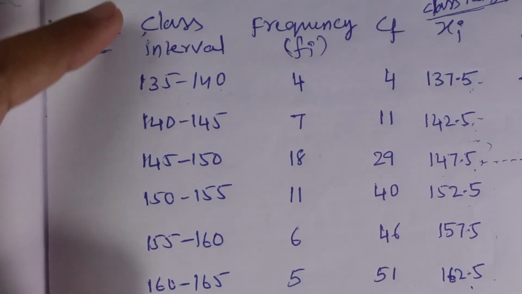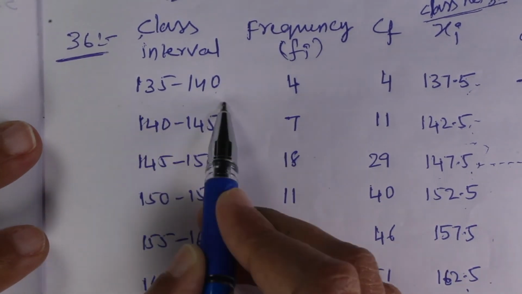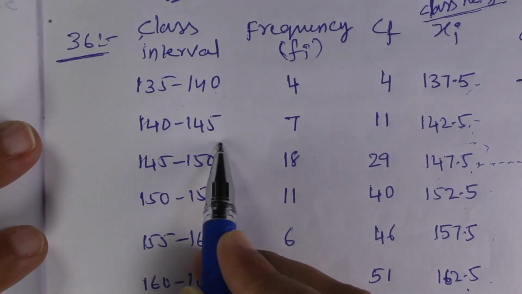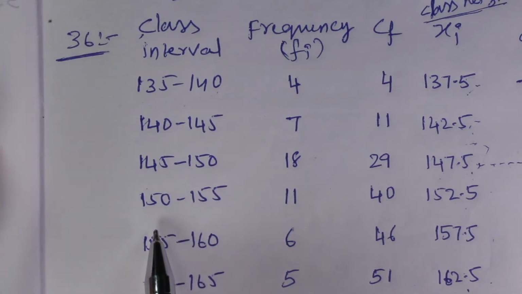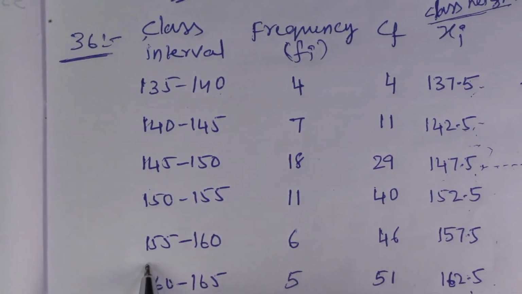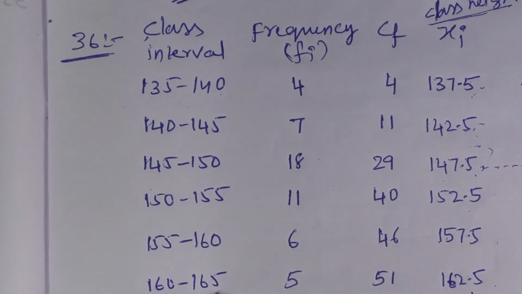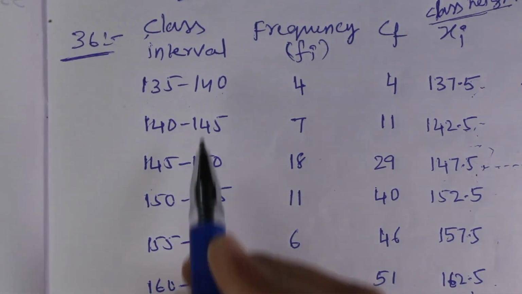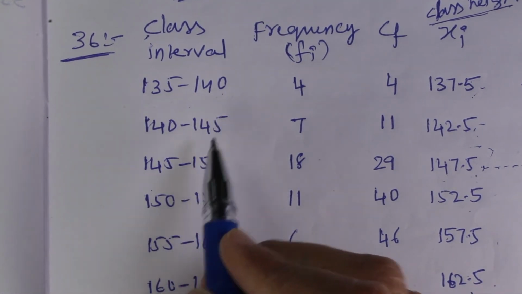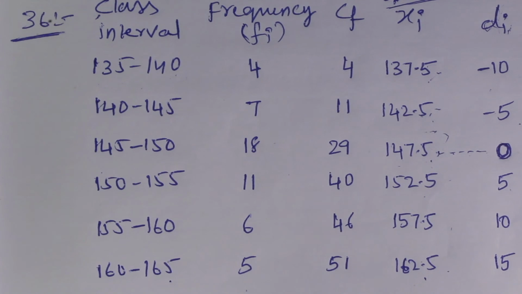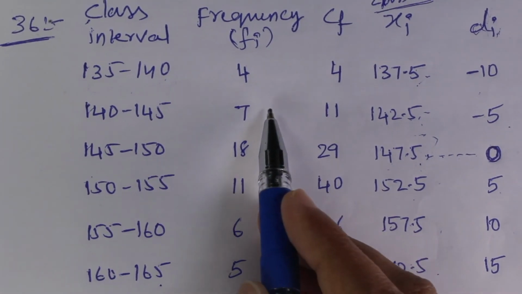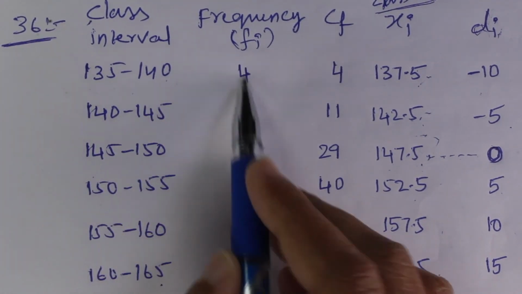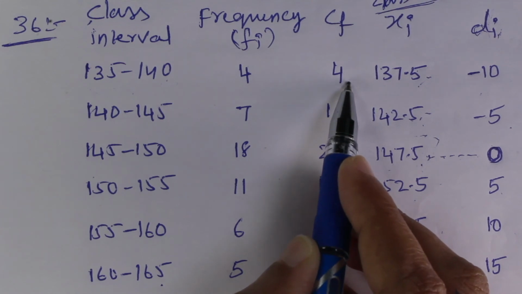I have divided the data into class intervals, that is 135 to 140, 140 to 145, 145 to 150, 150 to 155, 155 to 160, 160 to 165. The size of the class interval is 5. And now I have to calculate the frequency of each class interval. For the first class it will be 4 only, the same as the cumulative frequency.